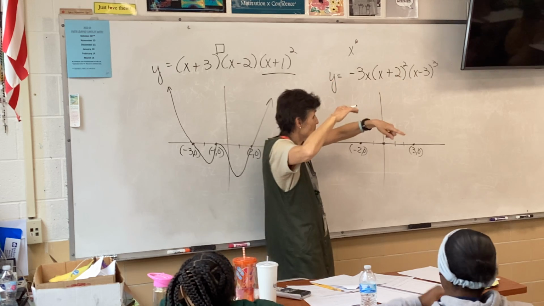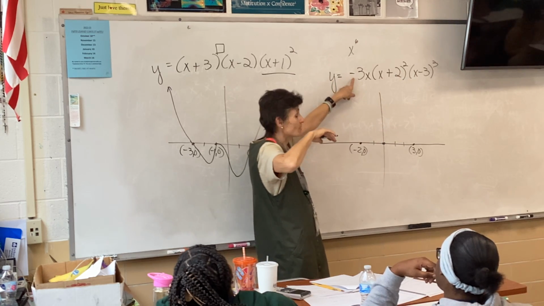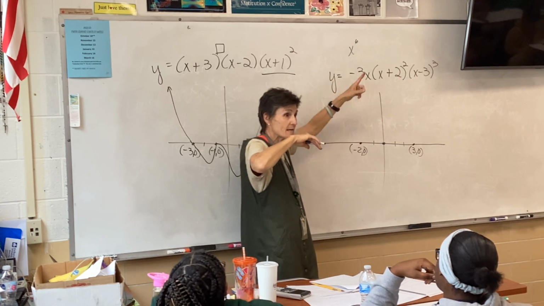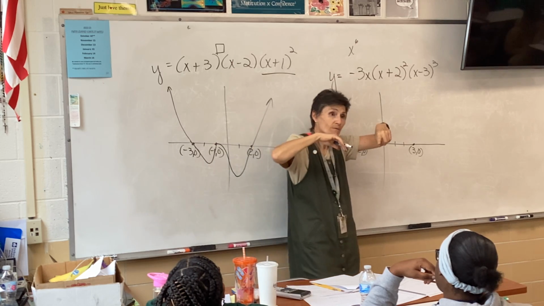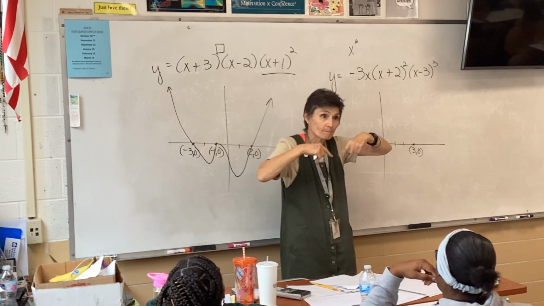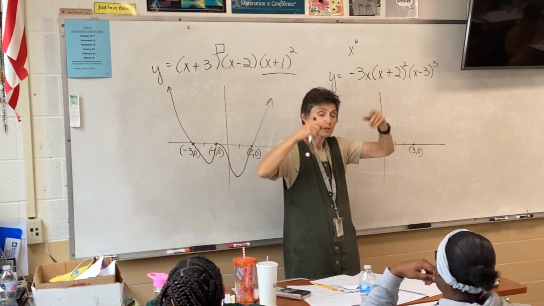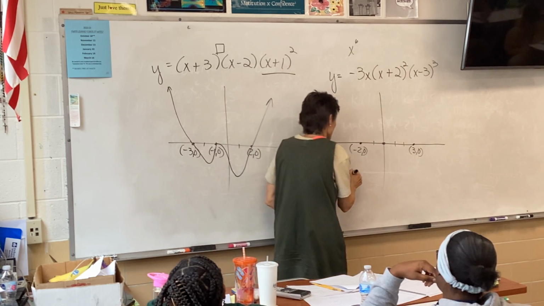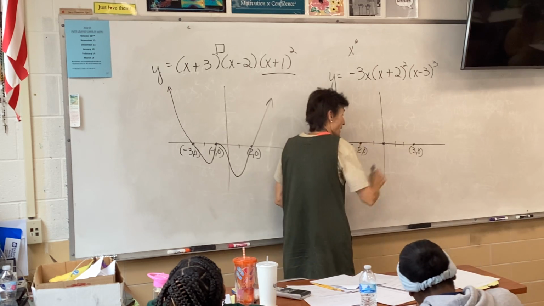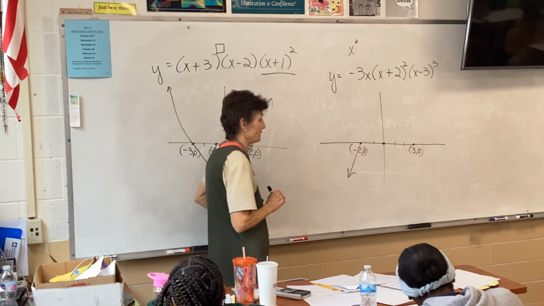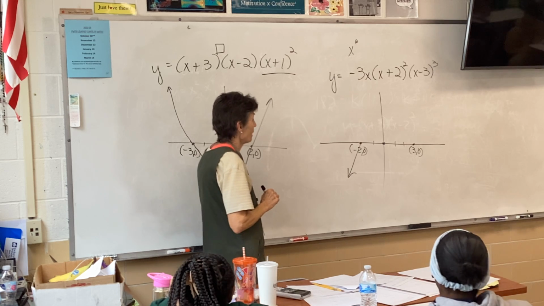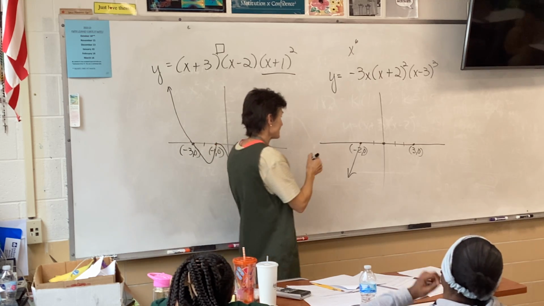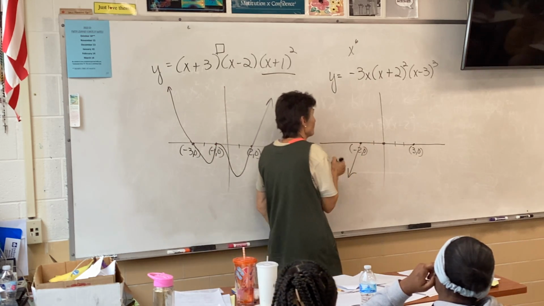But, as Peter talked about a minute ago, there's a negative out here. Anytime you put a negative in front of a function, what does that do to that function? It turns it upside down. So instead of being up, it's going to be down, down. So this guy's gonna start down here, and he's gonna end down there, hopefully. All right, here we go. What's he do when he hits the -2?